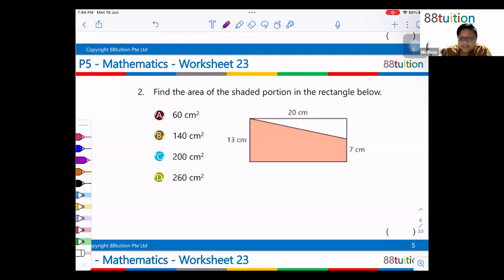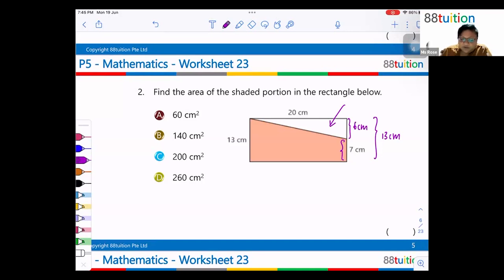The easiest way is to remove this triangle. If this is 7 cm, how many cm is this unshaded triangle? Total is 13. So the unshaded triangle would have a height of 6 cm.